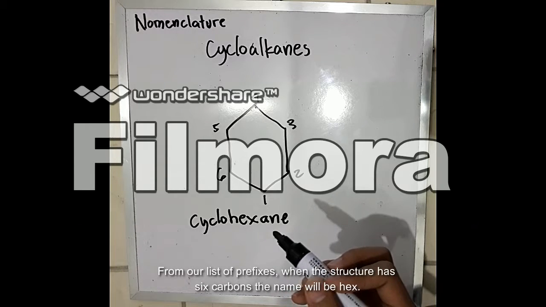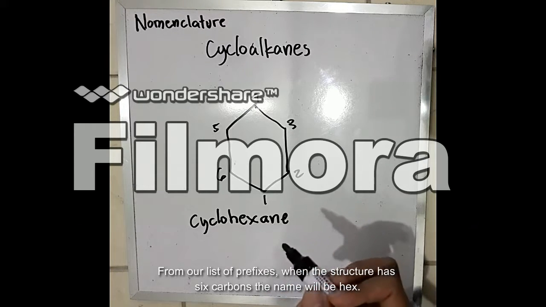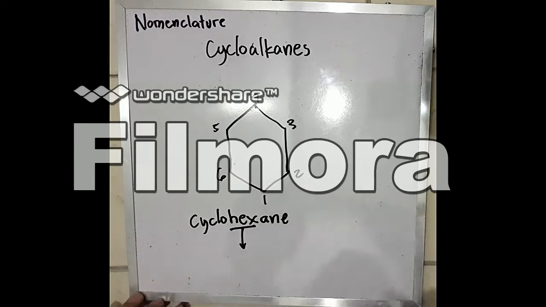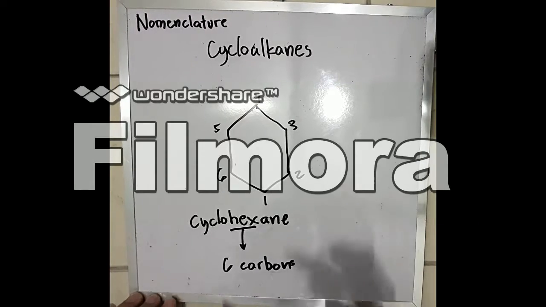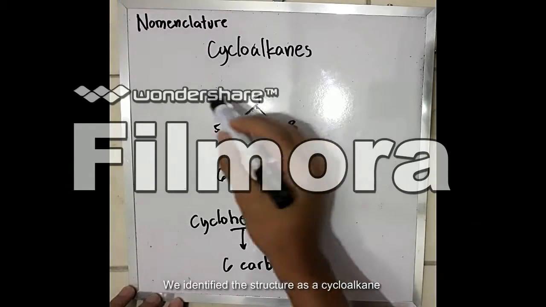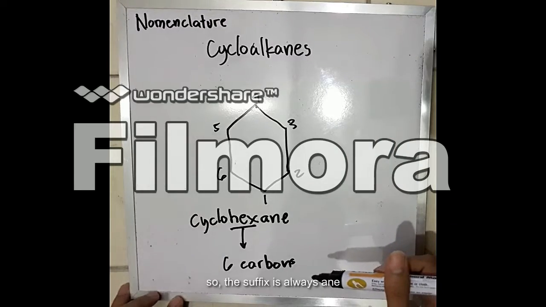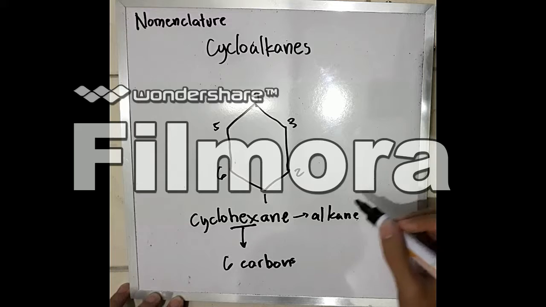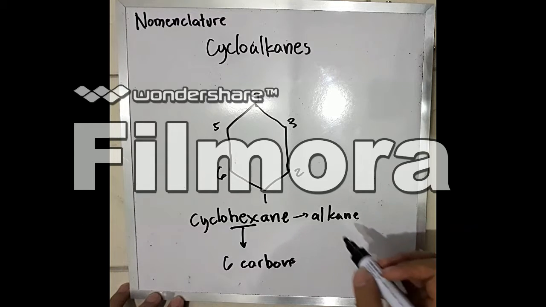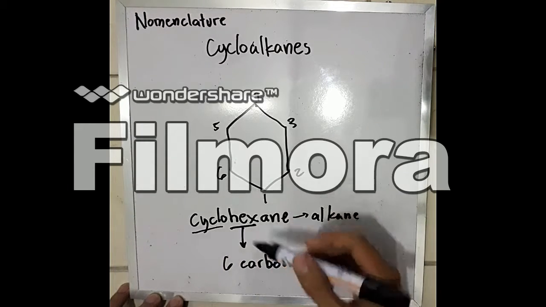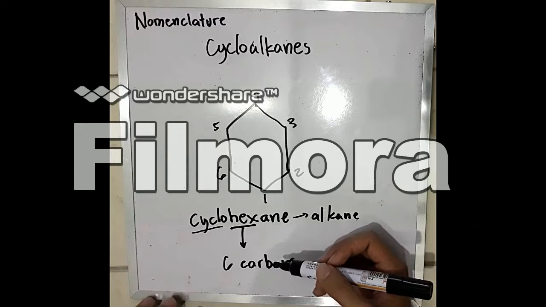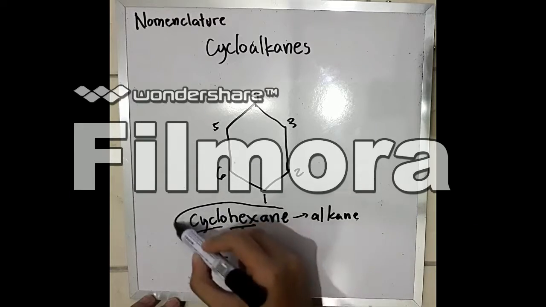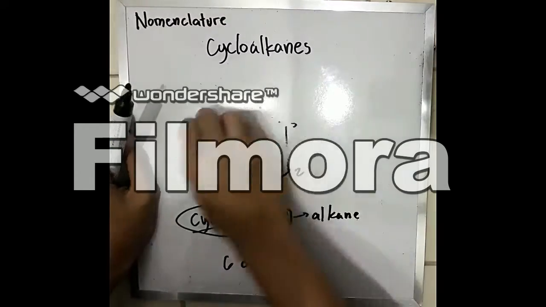From our list of prefixes, when the structure has 6 carbons, the name will be hex. We identified the structure as a cycloalkane, so the suffix is always ane, and for every cycloalkane, we add cyclo before the prefix. We add all together the prefix and the suffix, and we have cyclohexane.